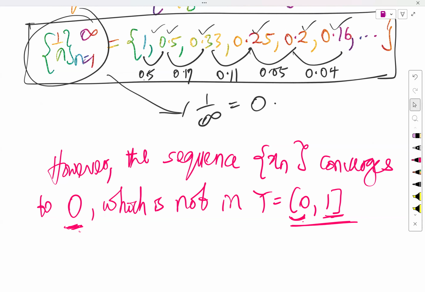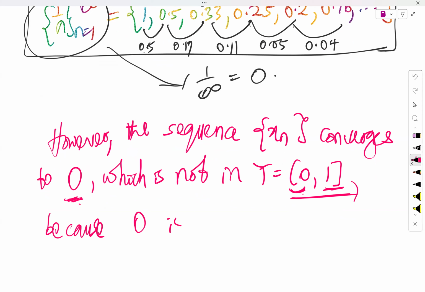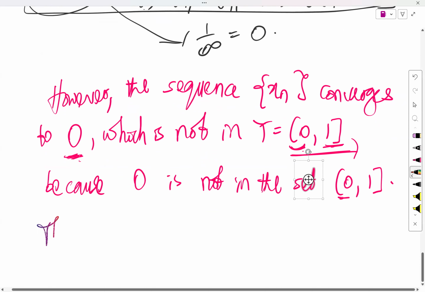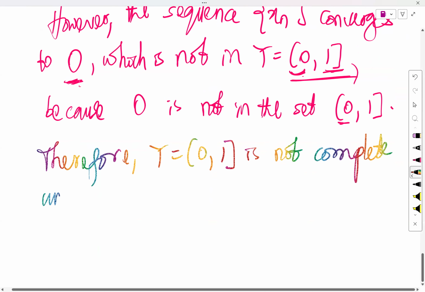So you see 0 is not in Y, because 0 is not in the set (0, 1], because it's excluded like that. So we can say therefore Y, which is (0, 1], is not complete under the subspace metric.